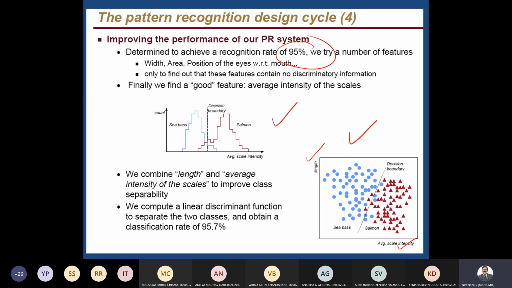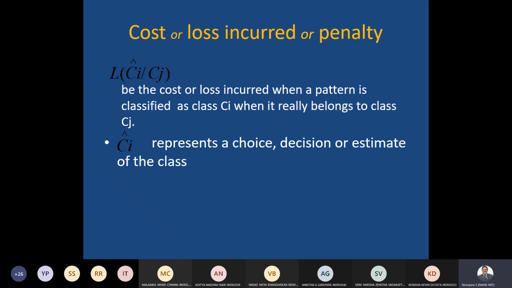With two features they can go up to 95 or 95.7% with this combination. But still there is an error, right?